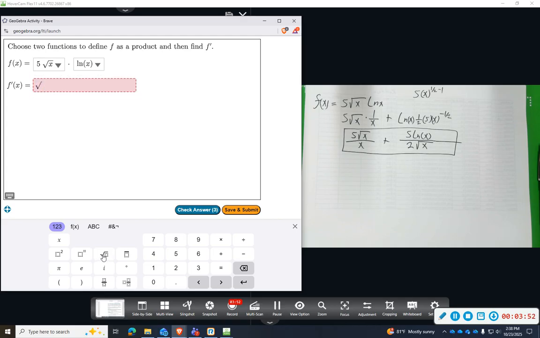Nope, not that whole thing. 5 square roots of x over x plus 5 ln of x over 2 square roots of x.